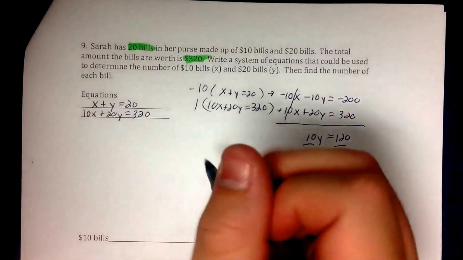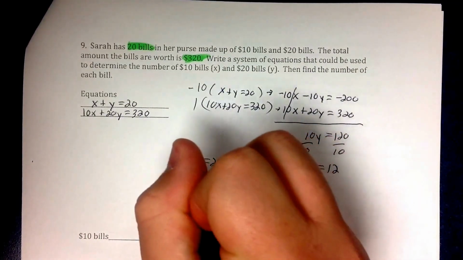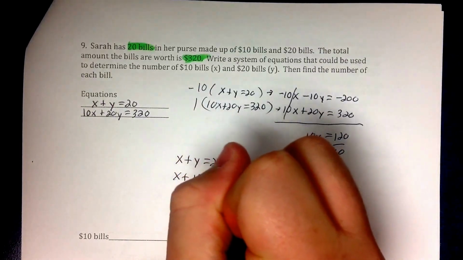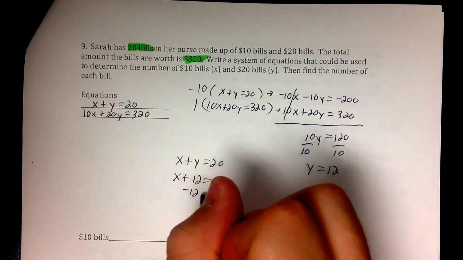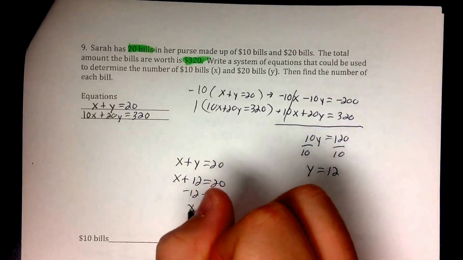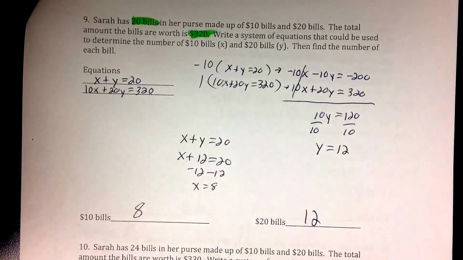Then if I plug that back in, again, I would use x plus y equals 20. So y is 12. So I could subtract 12 from both sides, get x equals 8. So there were 8 $10 bills and 12 $20 bills.